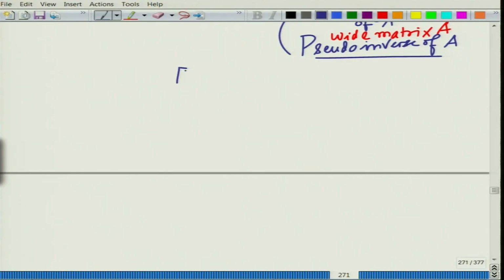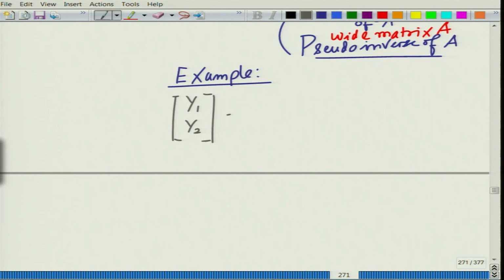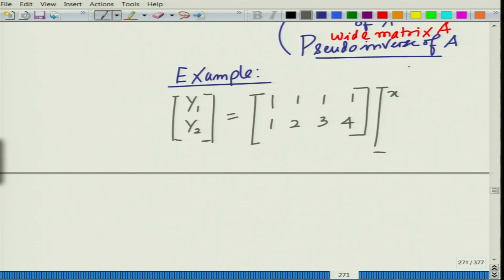Once again, a quick example, always useful to do examples. So, let us have a quick example, y1 y2 equals the matrix 1 1 1 1, 1 2 3 4, times x1 x2 x3 x4.